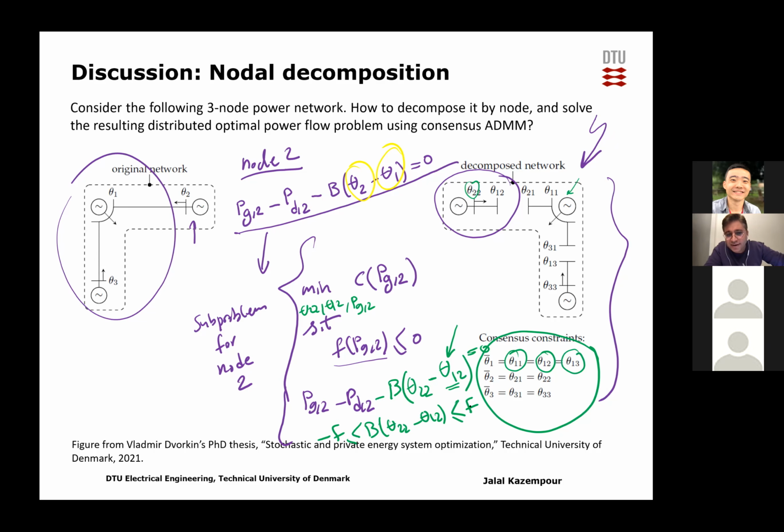So it's a common variable between 3 nodes, while theta 2,2 is a common variable between node 1 and node 2. So here we have 3 consensus variables, common variables to get agreed between different nodes. And of course, you need to add the penalty terms that we had in the consensus ADMM. Is it clear?